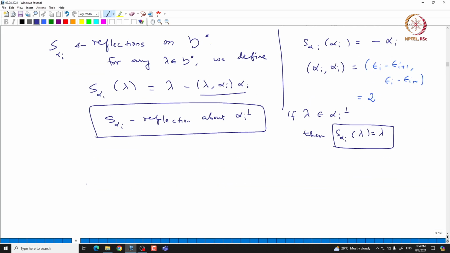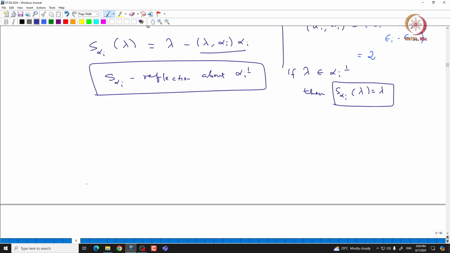Okay. So, let us see how S alpha i indeed acts on this basis. If you do the calculation, you can easily see, if you apply it on the standard basis of h star, let us denote it by S_i for simplicity.